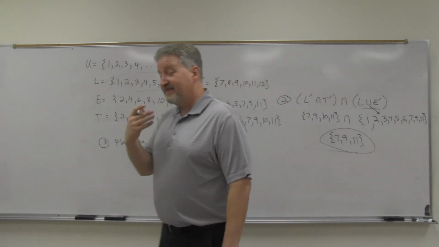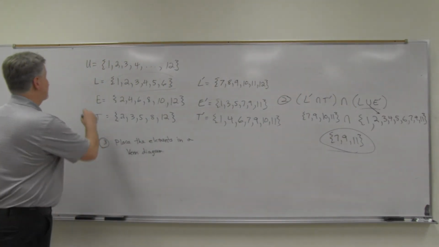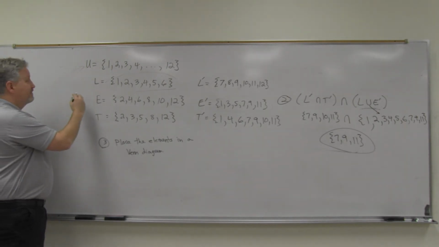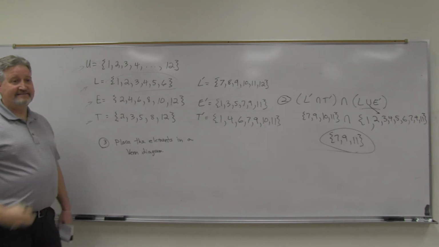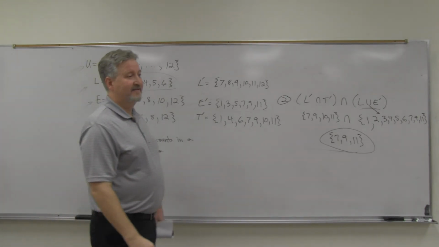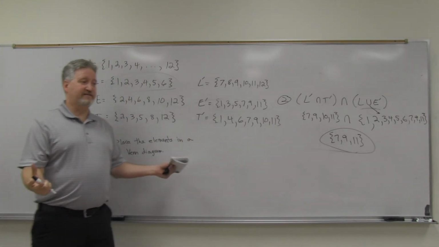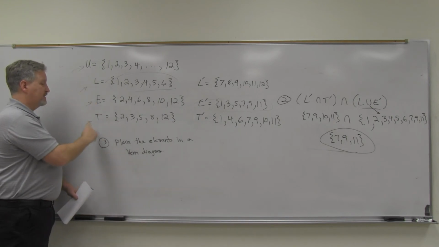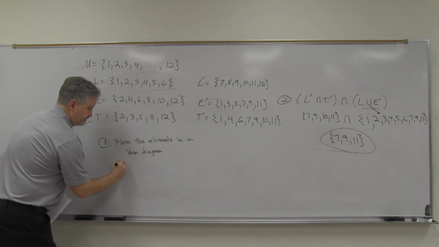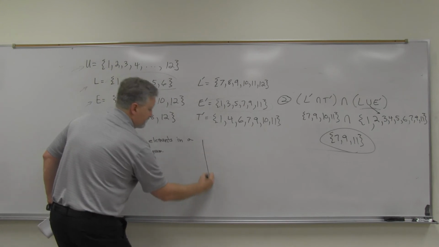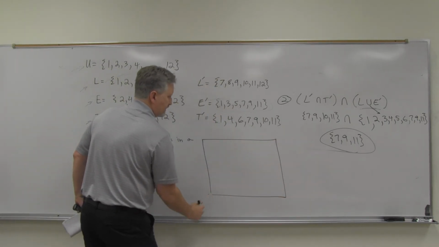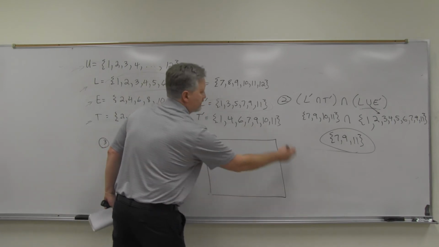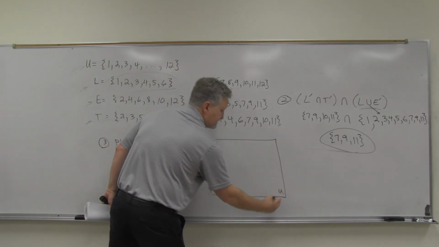The thing about this Venn diagram is I've got the universal set, but how many other sets do I have? 3. I got 3 other sets. So instead of just having 2 other sets, A and B, I've got L, E, and T. So let's do it over here so I can make it. All right, so the rectangle, that is the universal set.